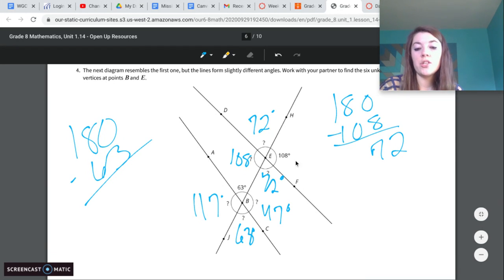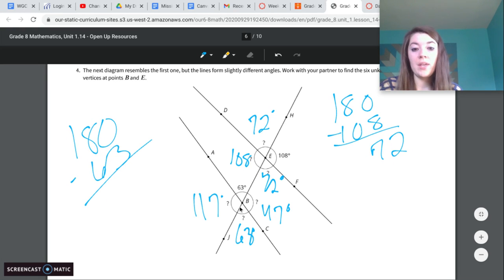So when we're given angles from each of them, we can easily solve to find the missing. The one right next to it is going to be 180 minus whatever the value you have. And then across from it, remember, is always going to be the same measure because they are congruent, because vertical angles are congruent.